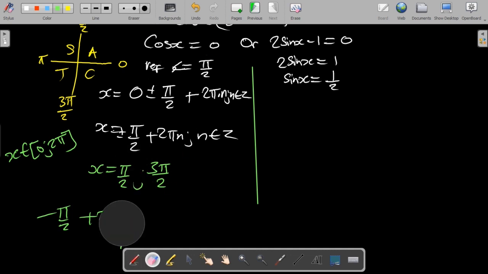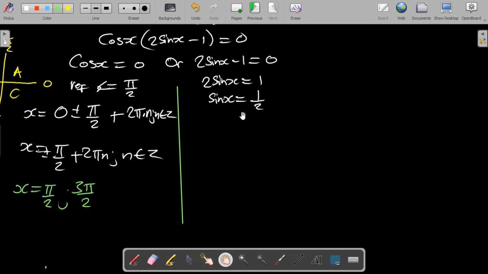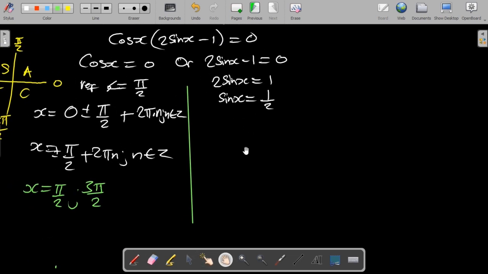Now that we're done with that section, we can move on to this side. On this side, once again, we're going to find the reference angle. And the reference angle is found by the arc sine of a half. So even if this was -1/2, you'd use the positive version of it to find the reference angle, then decide based on its sign.